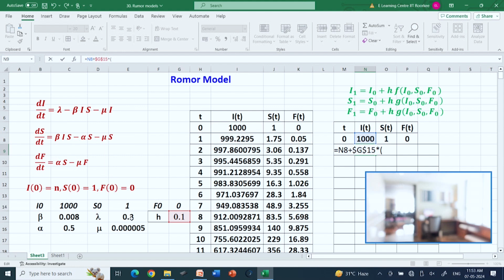So lambda, which is 0.3 and again a constant, minus beta, which is 0.008, multiplied by I, which is 1000, multiplied by S, which is 1, minus mu times, which is a small value, multiplied by I. Close it and enter.